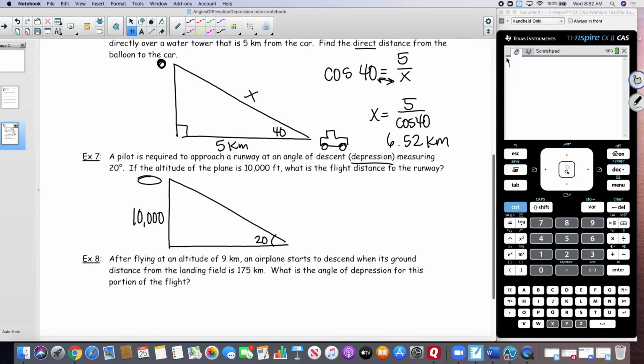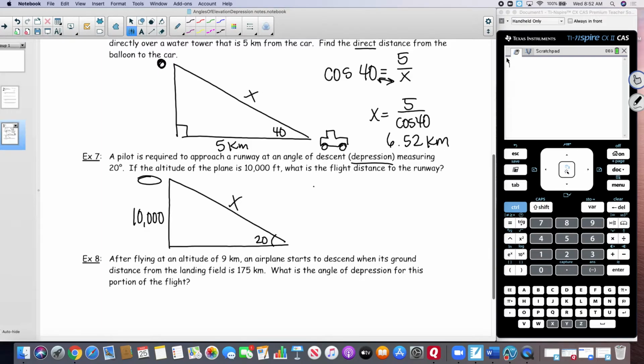Now, when you're in an airplane and you are descending, you're not dropping straight out of the air. So your flight distance is going to be diagonal, okay? So that's going to be a hypotenuse. And so here we're going to have opposite over hypotenuse.